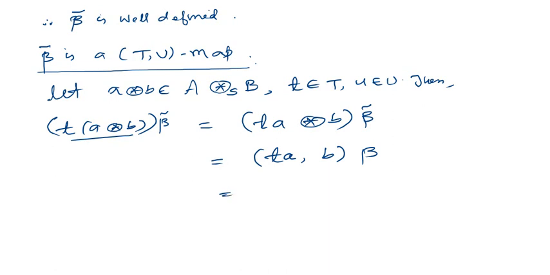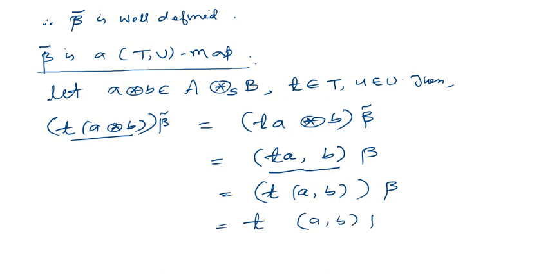Now again we apply the property of action. It's T times AB of beta. Now beta is a TU map, so the T will come out. T times AB beta, and this is equal to T times, what is this AB beta?